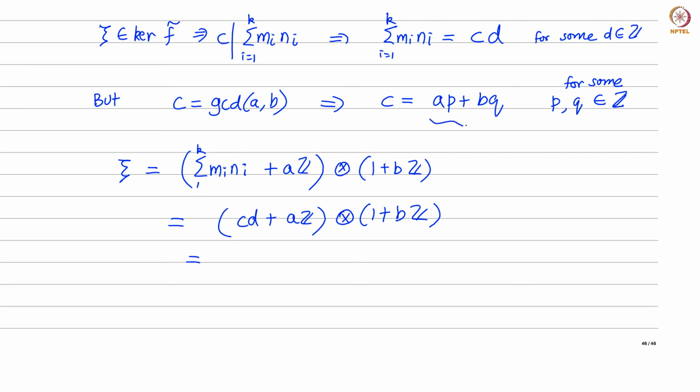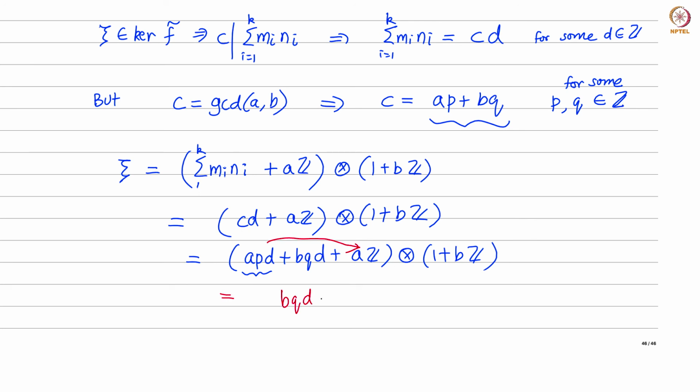So I will use this expression now. I will write this as APD plus BQD plus AZ. Now observe that this APD is already a multiple of A, so that already belongs to AZ. That term I don't need to worry about. So this is just BQD plus AZ.